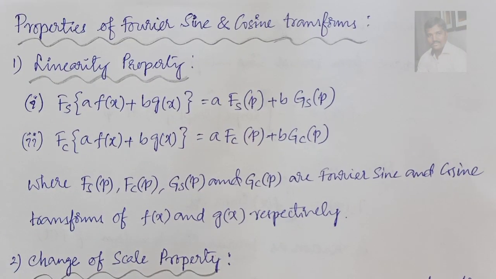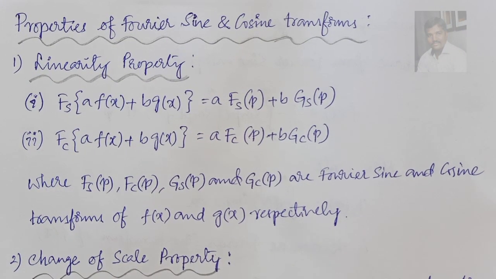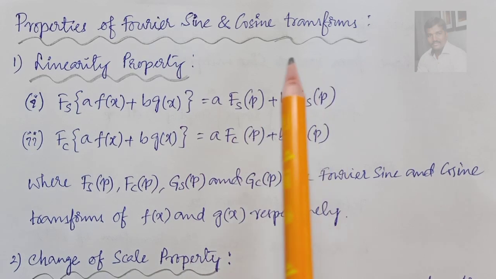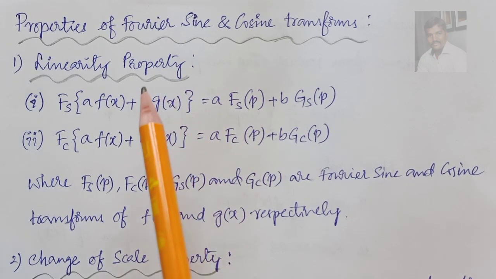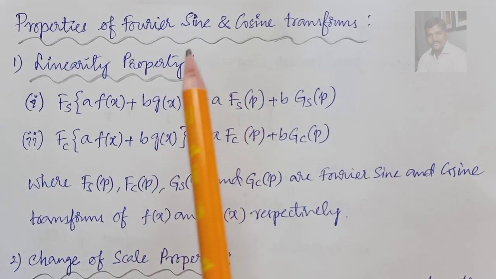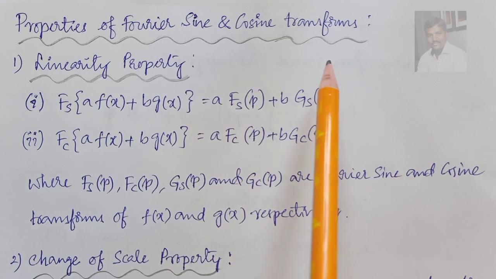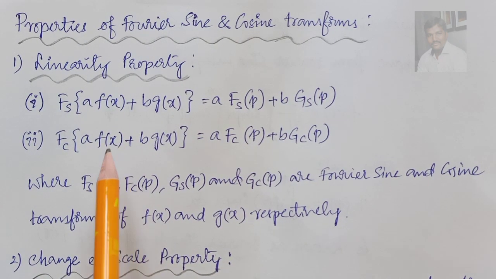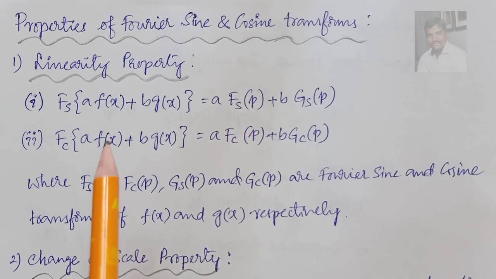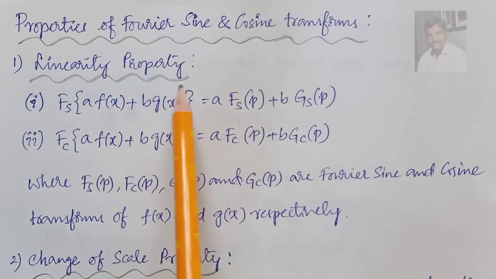Let us discuss properties of Fourier sine and cosine transforms. We already know a few properties, but coming to the Fourier sine and cosine transforms, these are some important properties. The first one is the linearity property.